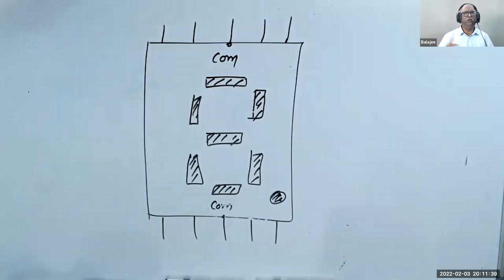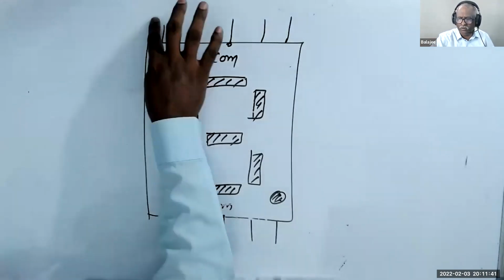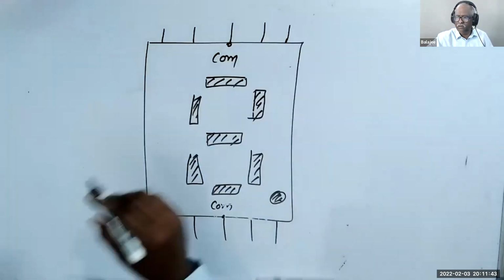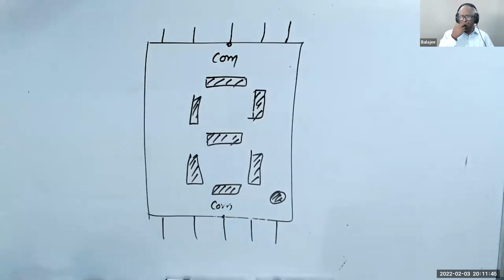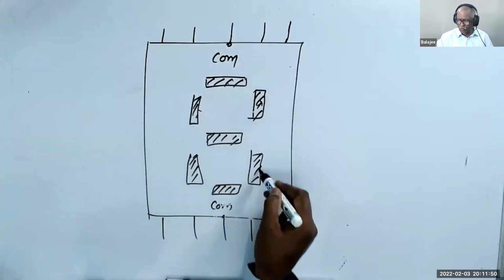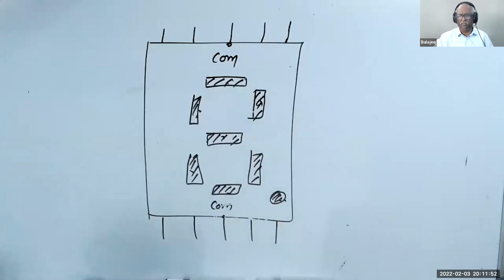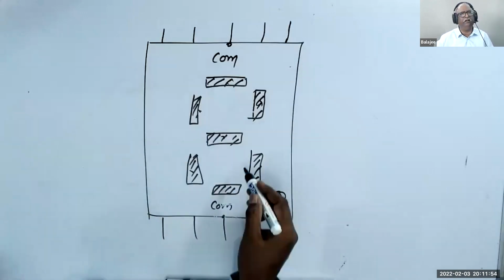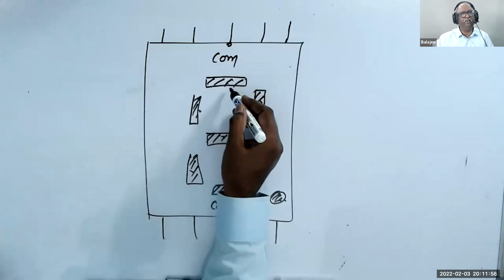This is your 7-segment. We have 1, 2, 3, 4, 5, 6, 7, 8. That means 8 pins are for the 8 anodes.